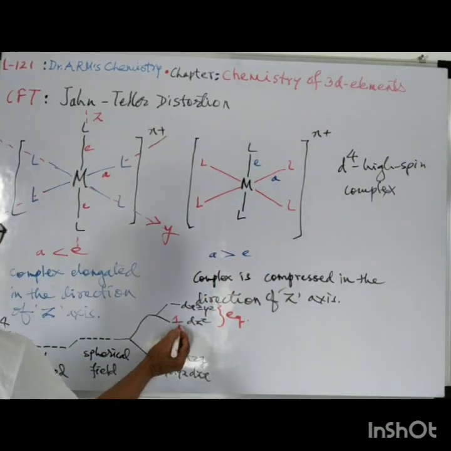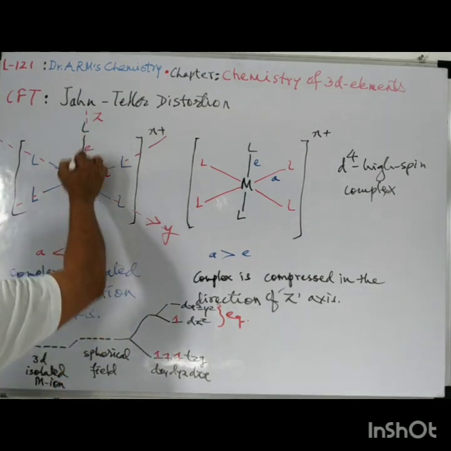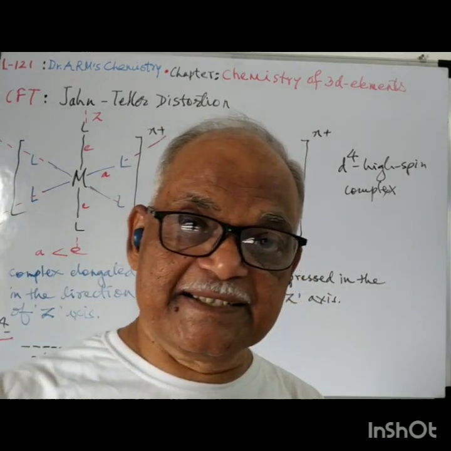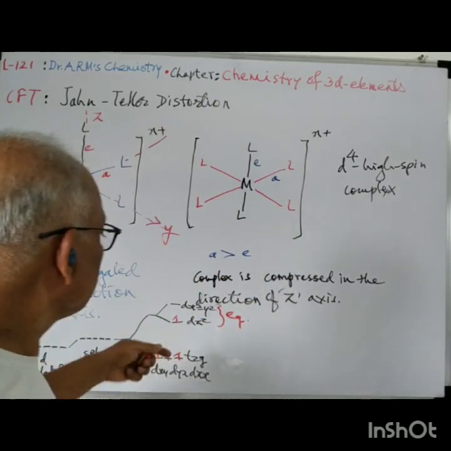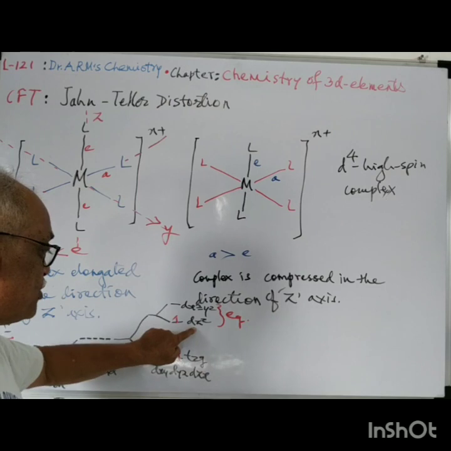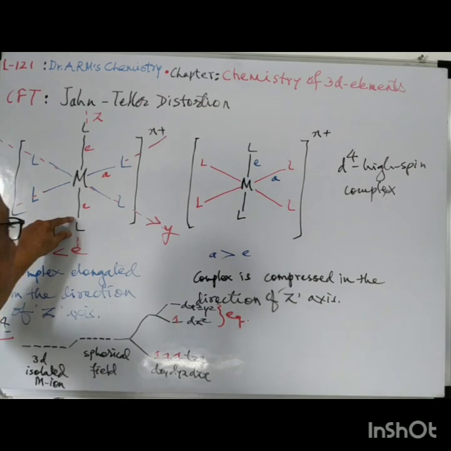But here you will find that this electron is present in the dz2 orbital, and dz2 is lying in the direction of the z-axis. Ligands are also approaching in the direction of the z-axis. So the electron of the metal ion in the dz2 orbital will suffer strong repulsion with the ligand electrons.